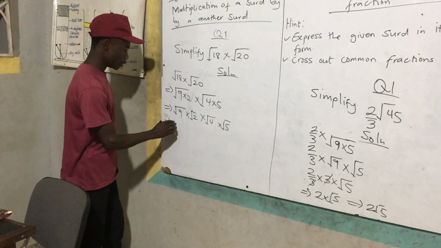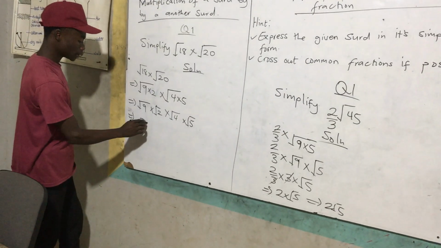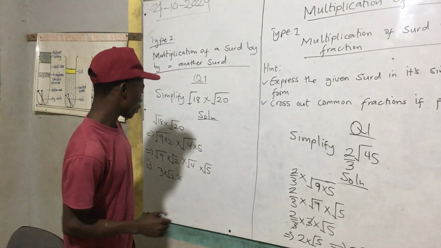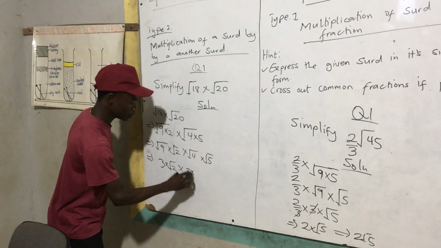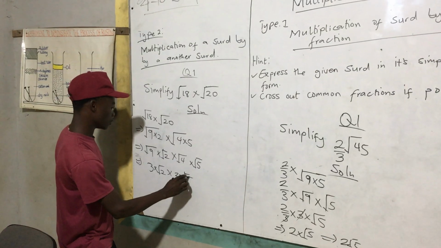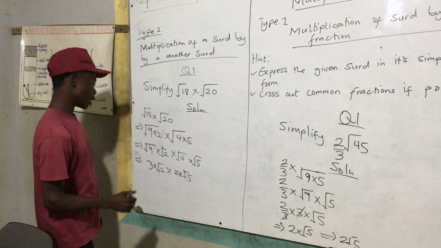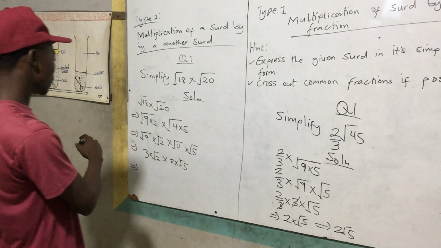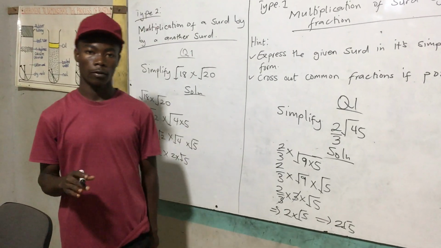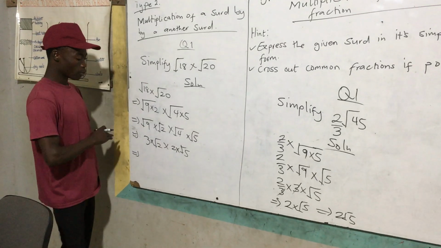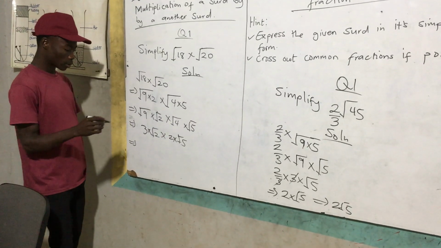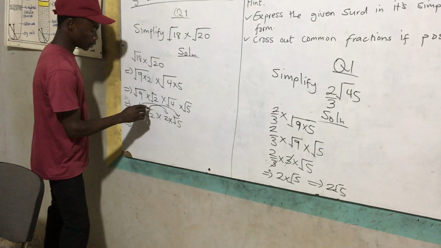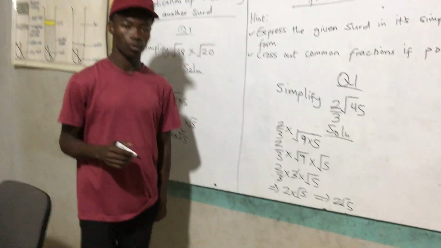Alright, now root of 9 is 3. We have root 9 is 3 times root 2 times the root of 4 is 2. So we have times our 2 times our root 5. Alright. Now we have expressed the given surd in its simplest form. Our next thing to do here is to multiply them. We are going to multiply 3 by the 2 and the square root signs, root 5 times root 2 as well.